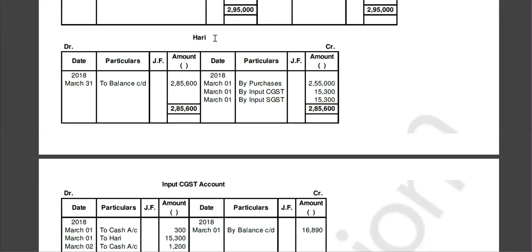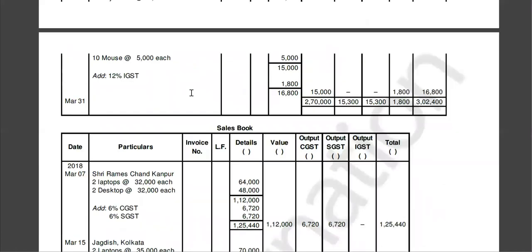Then Hari account debit to balance. So you have to write in our book credit balance, because in Hari's books he plays a debit role, but in our book we have to play credit 2,85,600.